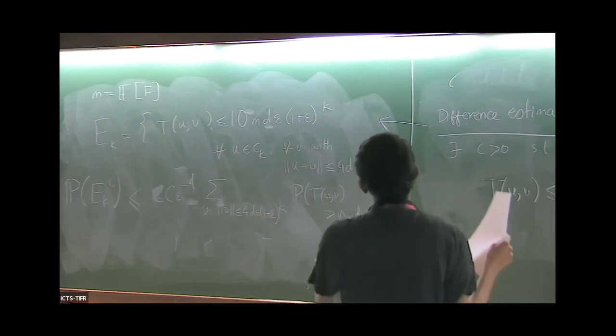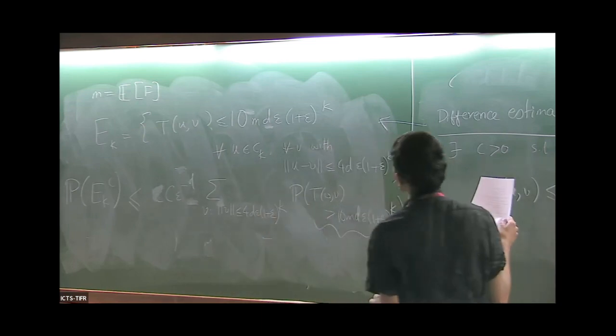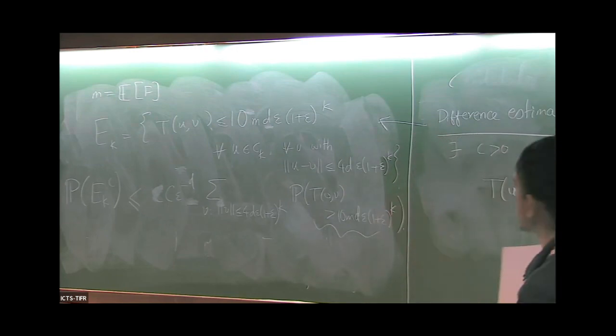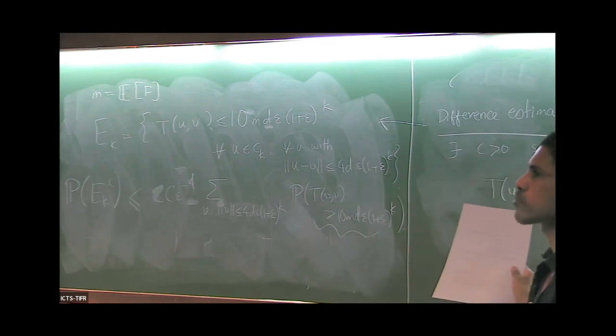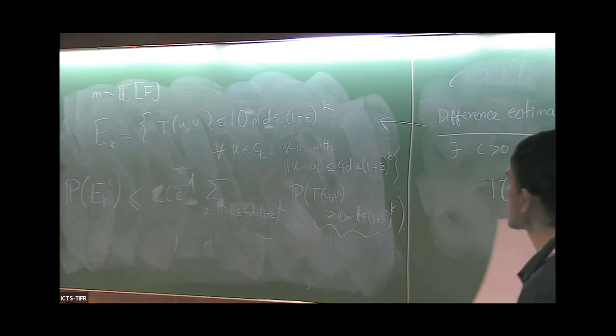Now this is where I'm going to use the tail information. Remember, we had already talked about there being 2d many edge disjoint paths connecting any two vertices.